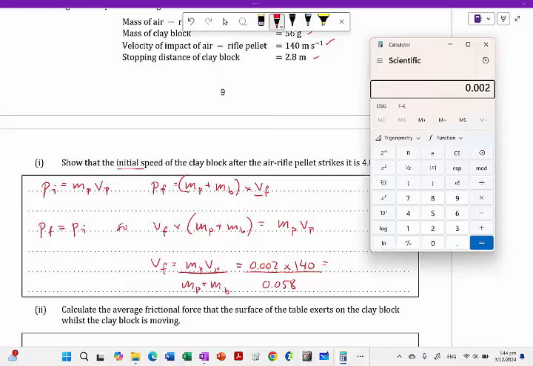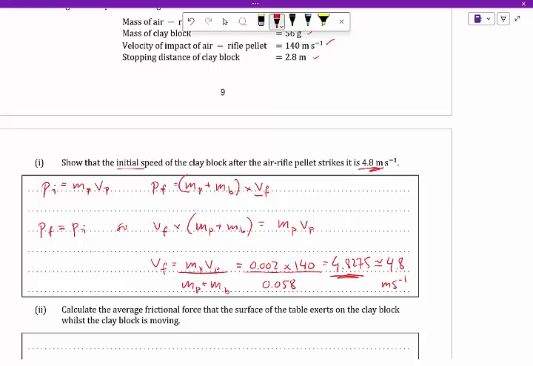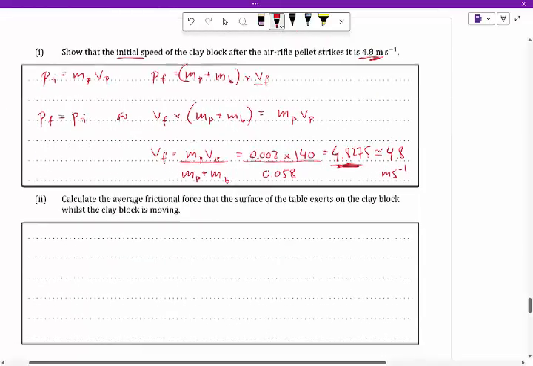So 0.002 times 140 over 0.058 gives us 4.8275, which is about 4.8 meters per second. Okay, when it's a show question, we should always give our unrounded number first.